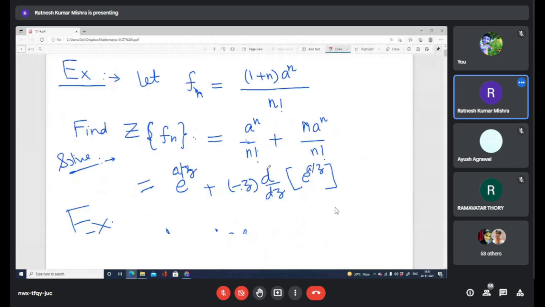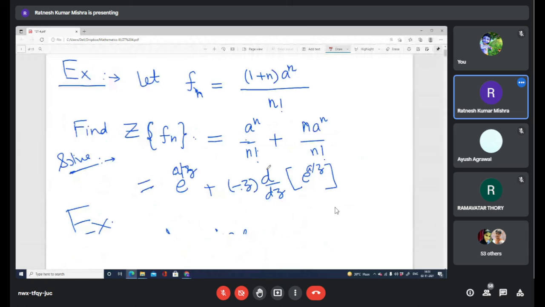So limit z tending to 1, and now in this one take F(z) common, so (z minus 1) into F(z), minus z F naught, equal to, limit z tending to 1, in here substitute z equal to 1.